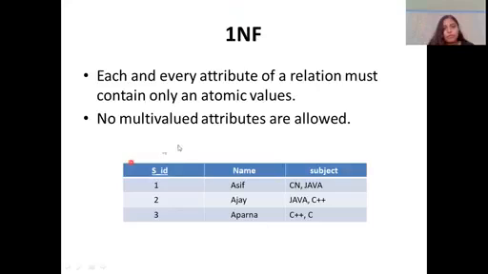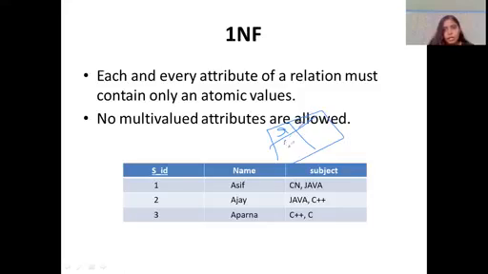In this example, if we check the subject column, it contains two values, CN and Java. So it is multi-valued, and we can tell that this table is not in first normal form. Atomic values means it should contain only a single value. What we can do is convert this table into first normal form by decomposing the table. One column will be converted into two columns: subject 1 in one column and subject 2 in another.